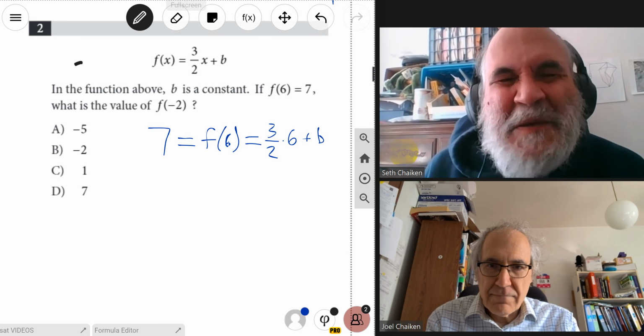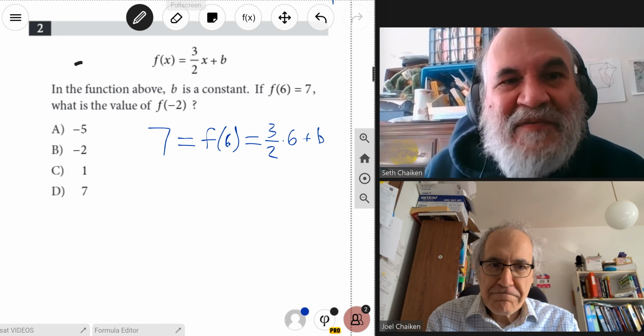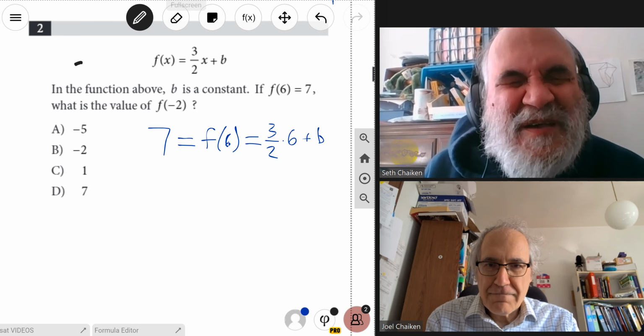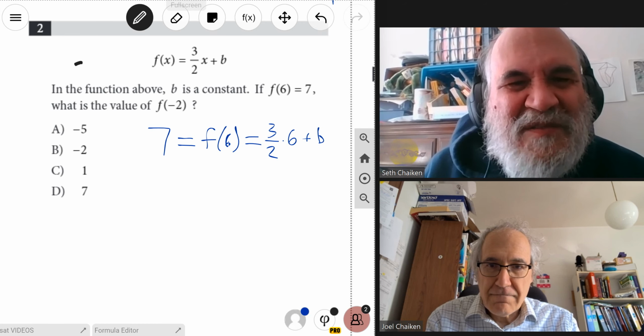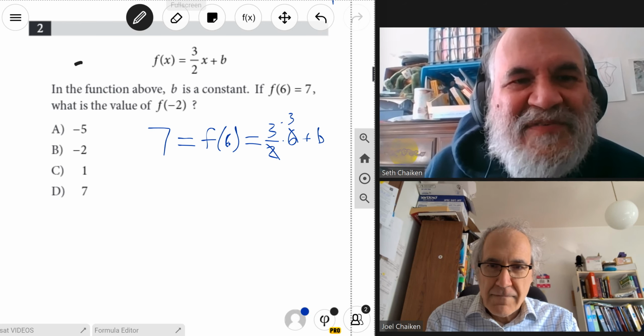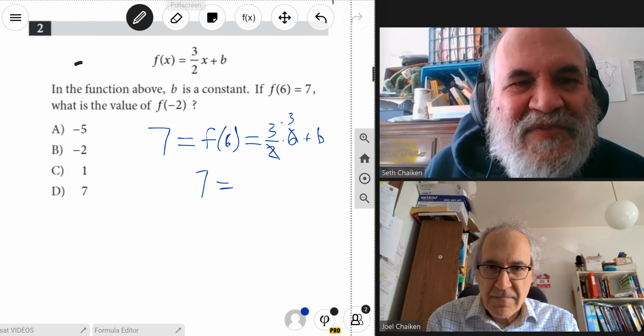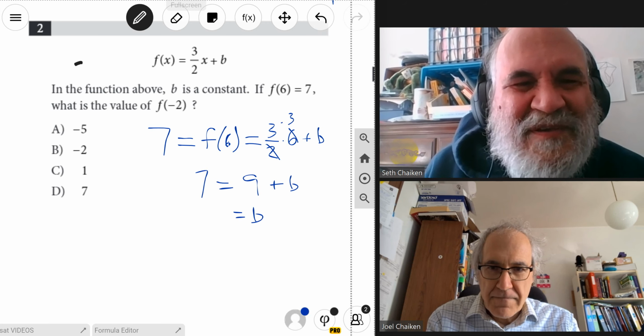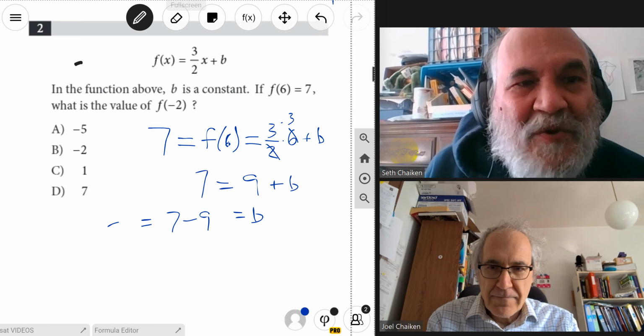So we solve for b. I am tempted to cancel the 2, factor 2 out of the 2 and the 2 out of the 6 to get 3. And so we have 7 equals 9 plus b. b equals 7 minus 9, which equals minus 2.